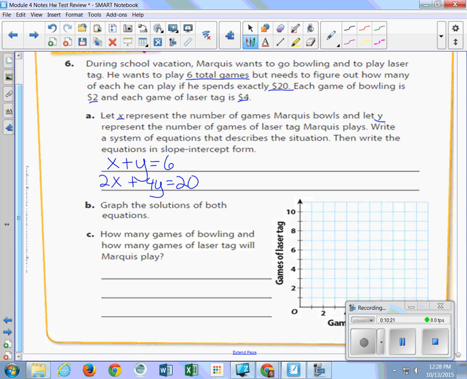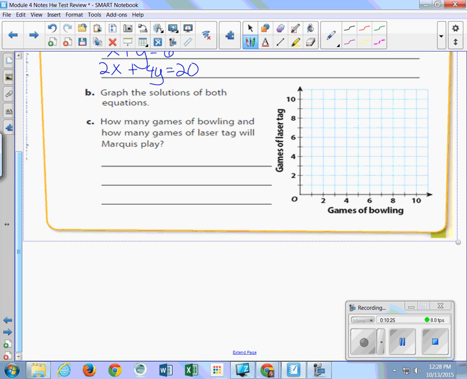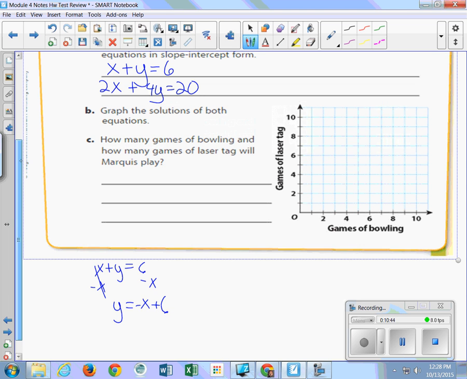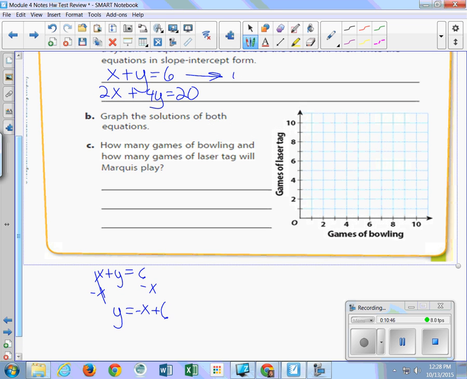So now we need to put that into y equals mx plus b form, a y-intercept form. So x plus y equals 6. I'm going to subtract x from both sides. Cancel. So that's y equals negative x plus 6.